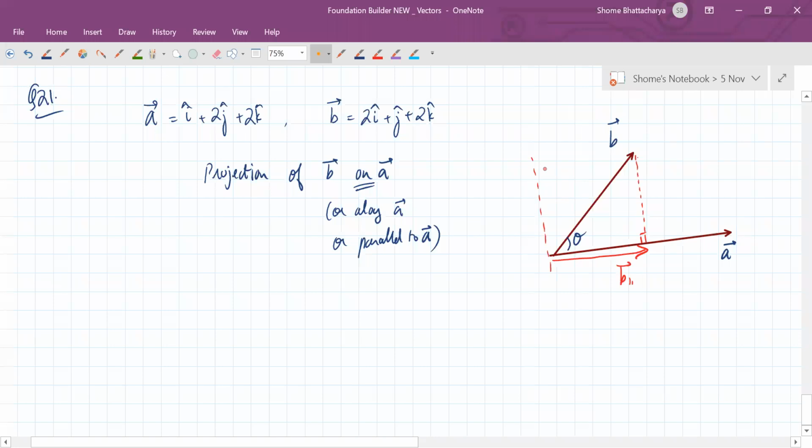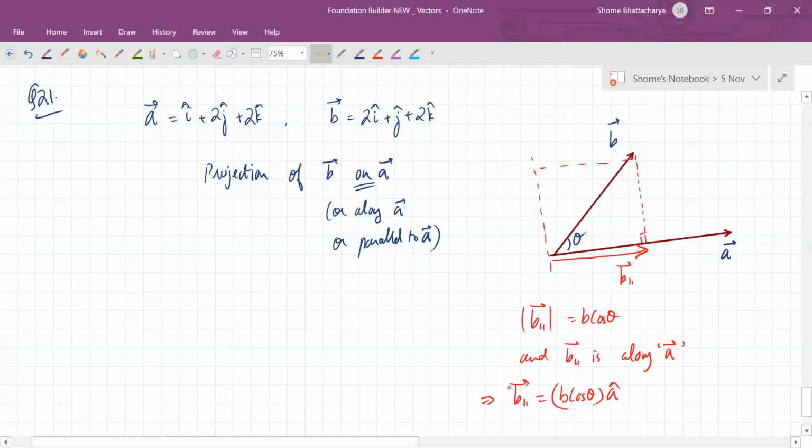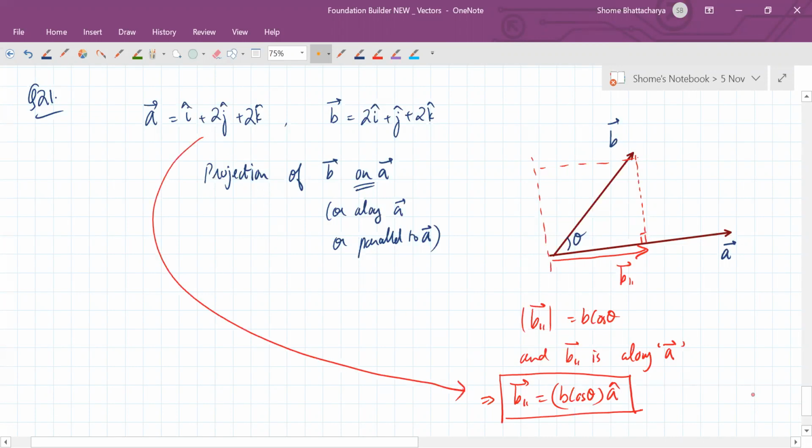Whereas if we project on the perpendicular direction, it's the other one. So anyway, here you can see that B parallel has a magnitude of B cos theta, and B parallel is along the vector A. It is along this vector. So therefore, we got the formula for this. It is B cos theta into A cap. Okay. So all I'm doing is repeating the analysis. You're supposed to go from here directly to this because this is the formula.